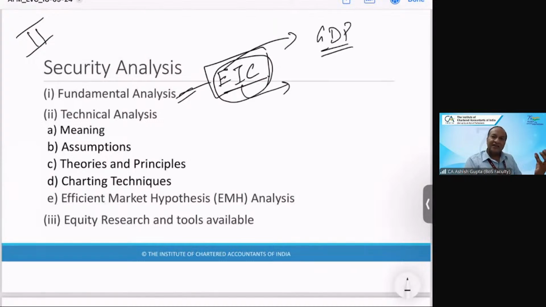Industry analysis: they see how the industry is performing. Like in 2000, there was a boom time for the dot-com industry. Today it is a time of AI. AI is everywhere, so of course the AI industry is booming these days.